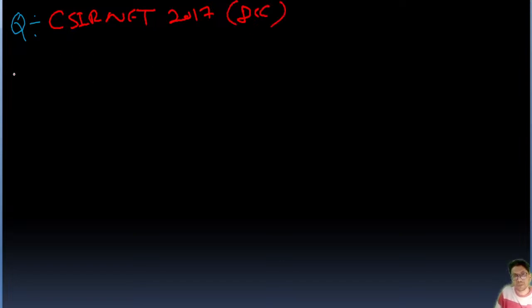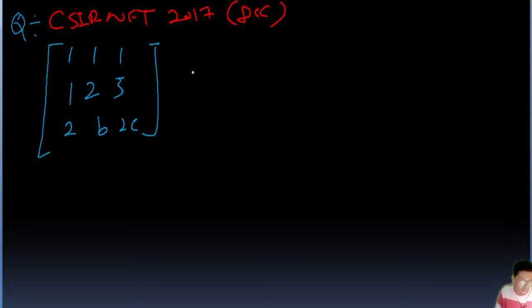So the question is, a matrix is given, that is 1 1 1, 1 2 3 and 1 2b 2c, times x y z equal to 0 0 0.